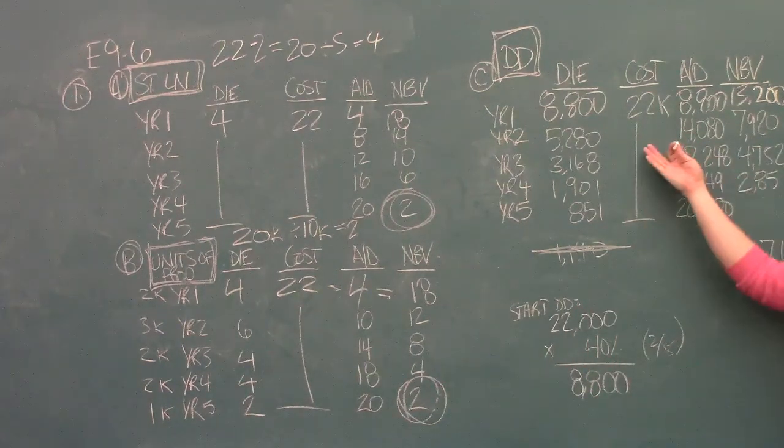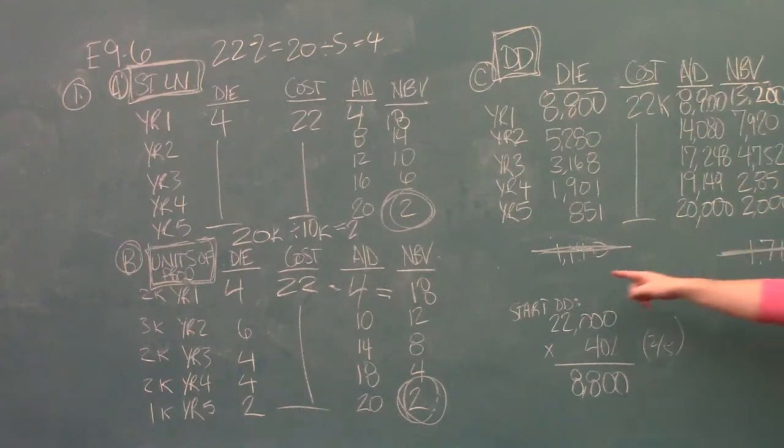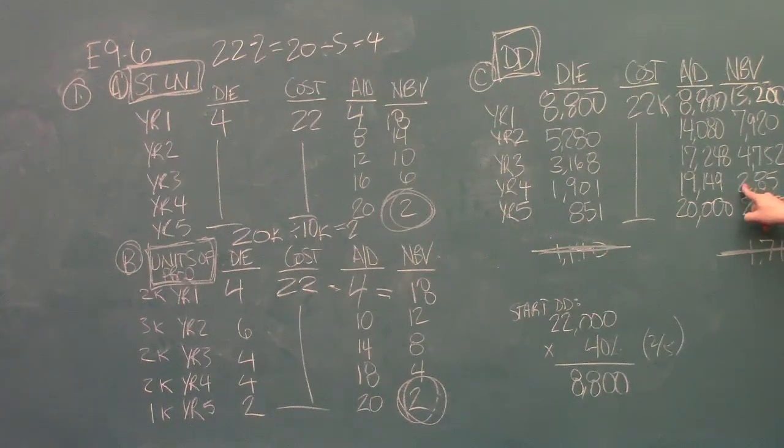Because our cost was 22,000, and at the end of the useful life of the asset, the net book value should always be equal to the residual value. So now we have $2,000 here on a residual value. So we'll cross out what this would have been if we would have subtracted out 1,140, which is our original calculation over here. 2,851 times the 40%, we would have got a net book value of 1,711, and that would have been below the $2,000 threshold that we can't go below, right?